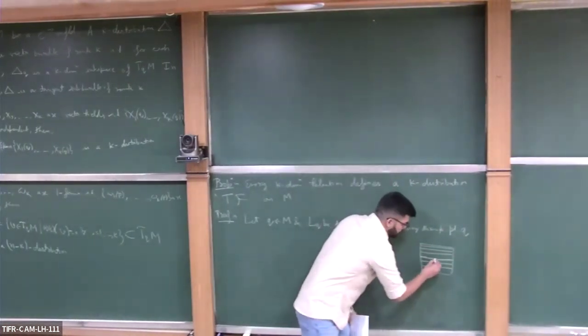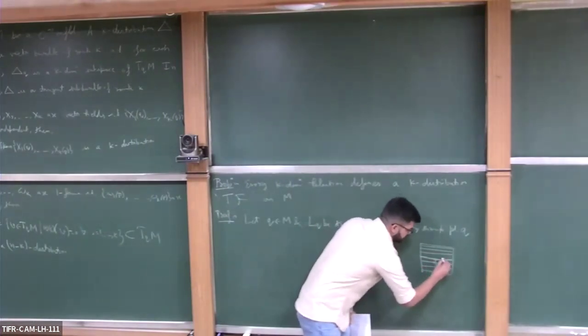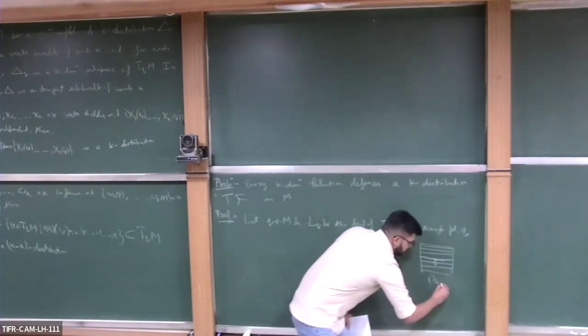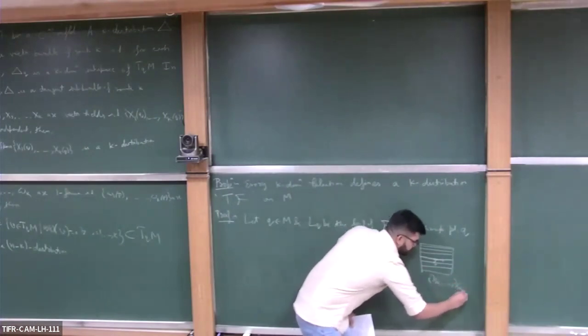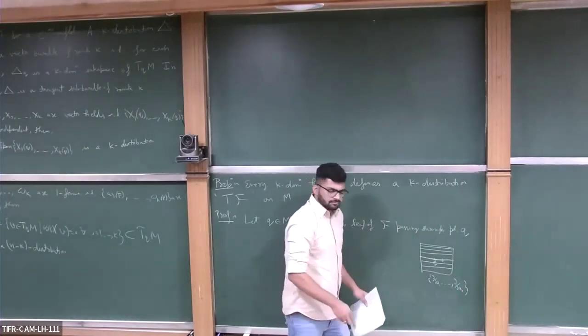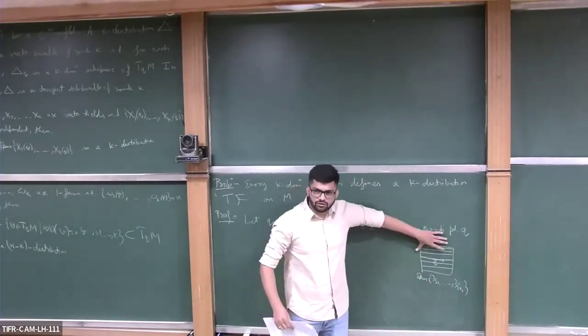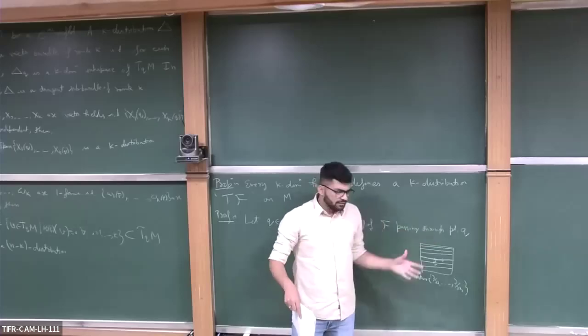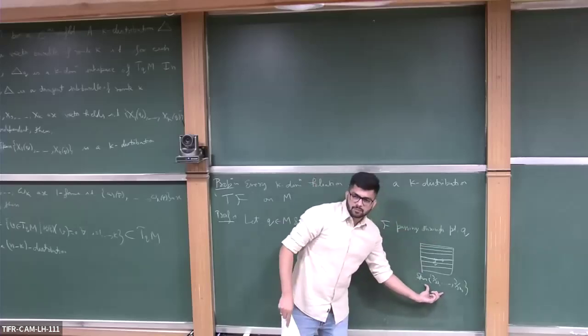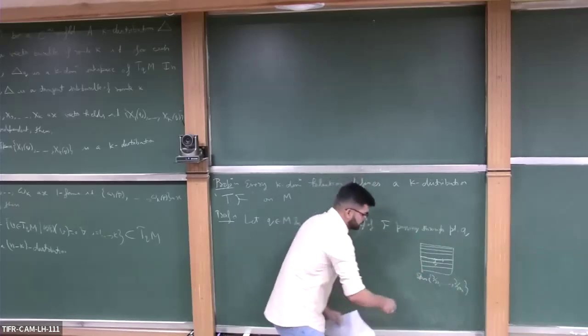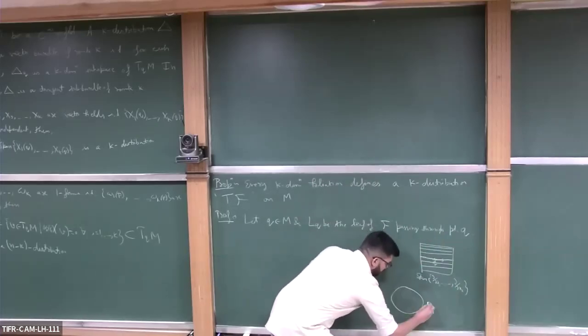In a local chart the foliation is nothing but these parallel disks. I take this tangent space, which is spanned by the vectors del by del x1 through del by del xk. This is a local chart where the foliation looks like parallel disks, and this is the tangent subspace of dimension k. This we can pull back through the coordinate map.